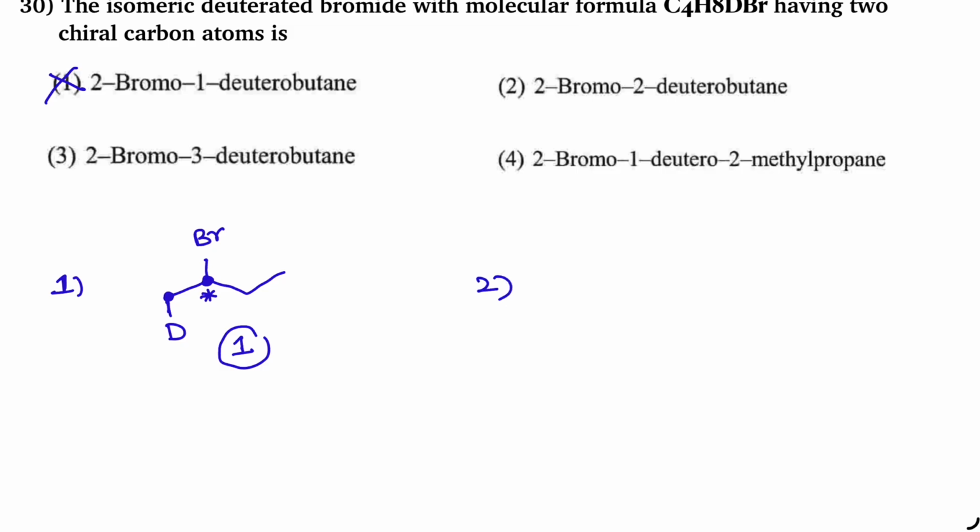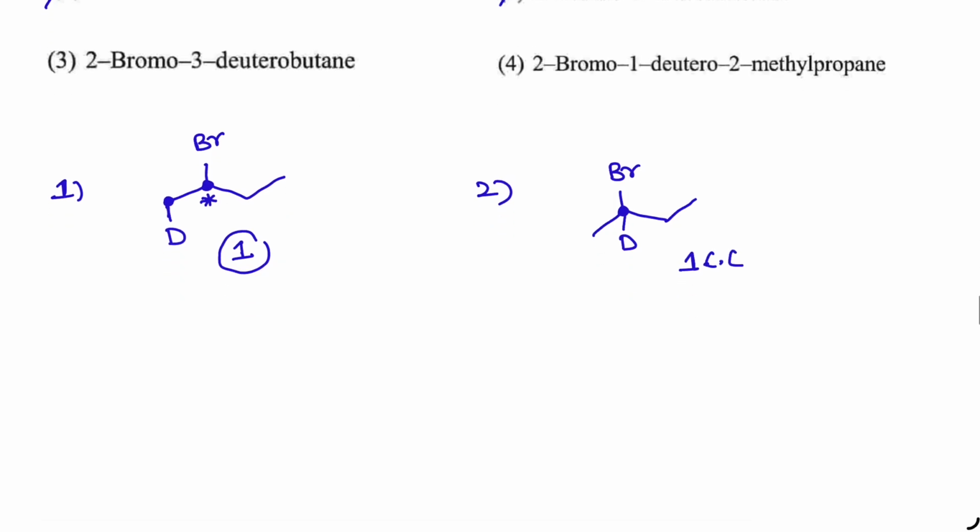Second one, 2-bromo-2-deuterobutane, again there is only 1 chiral center, so this is also not your answer.